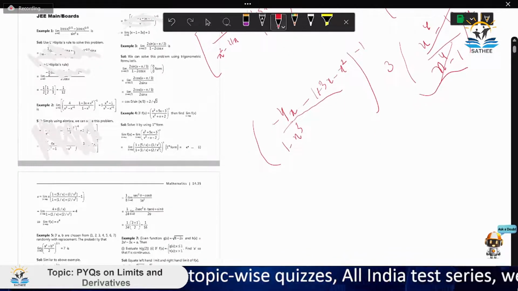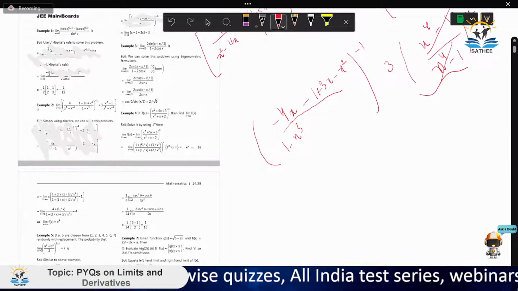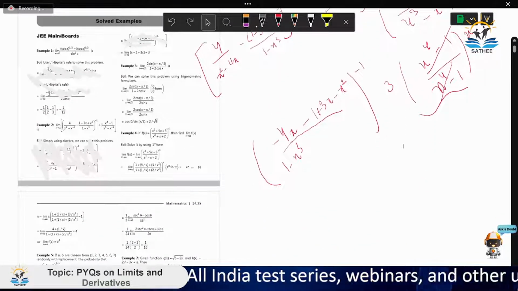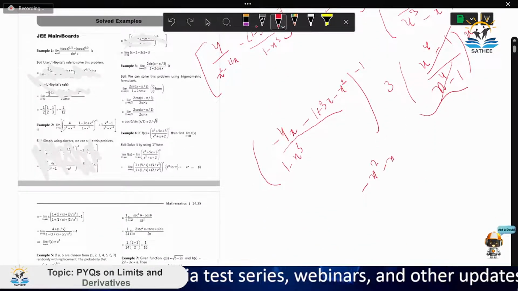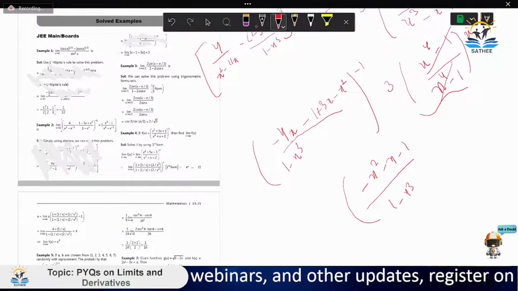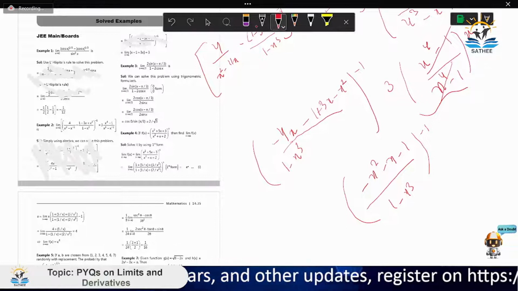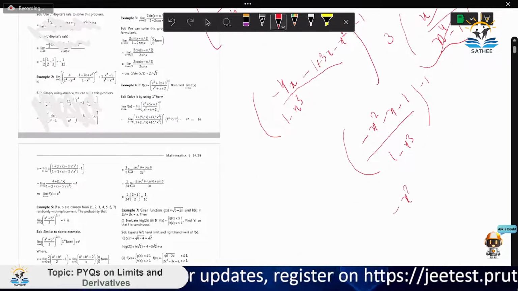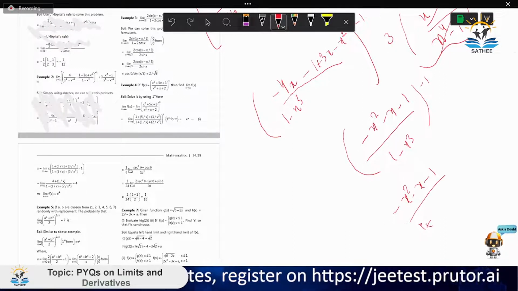And now if you rewrite it, what I'm left with is minus x square minus x minus 1 upon 1 minus x cube, to the power minus 1. And I can expand this and write as minus x square minus x minus 1.